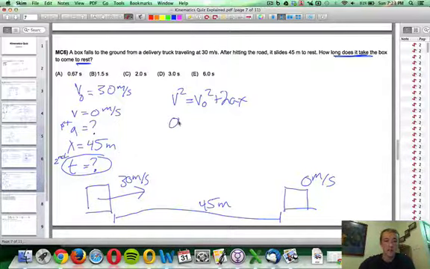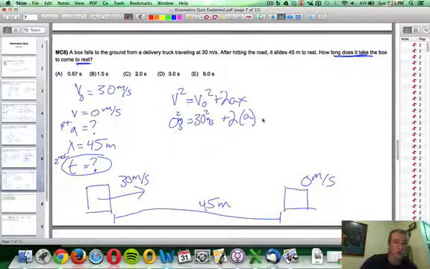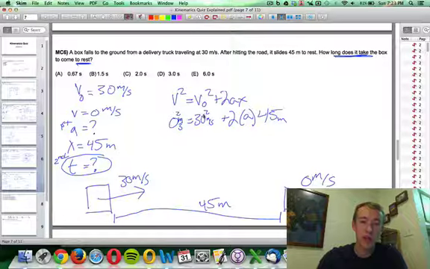Final velocity is 0 meters per second. The initial velocity is 30 meters per second, plus 2 multiplied by the acceleration times that displacement of 45. We're solving for acceleration. So 30 squared here, that is 900. We're going to subtract that over.